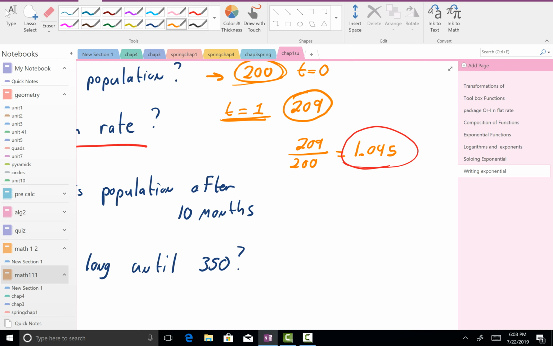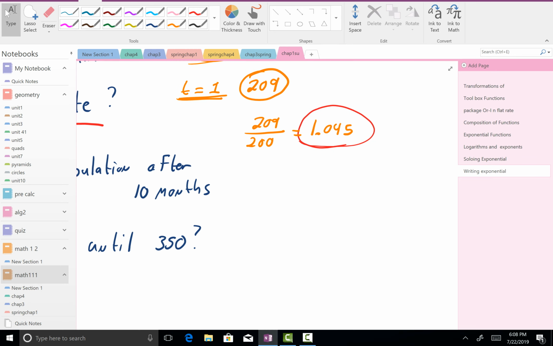You could, but you don't even have to do that. You can just find the growth rate by looking at that particular number we just got. Okay, so here's what we're going to do. We're going to just chop off the 1.